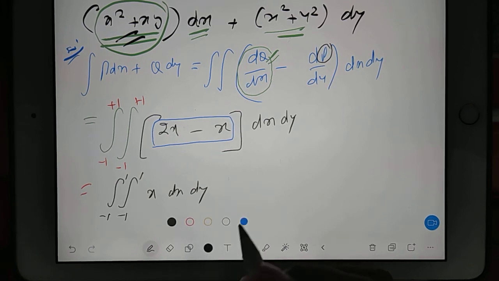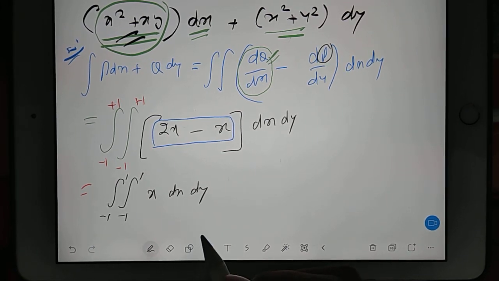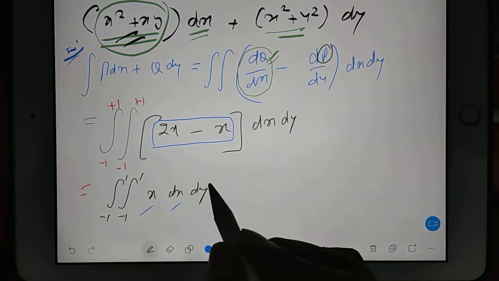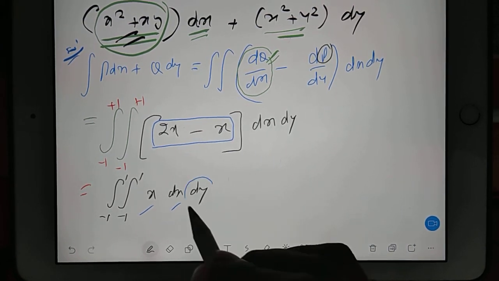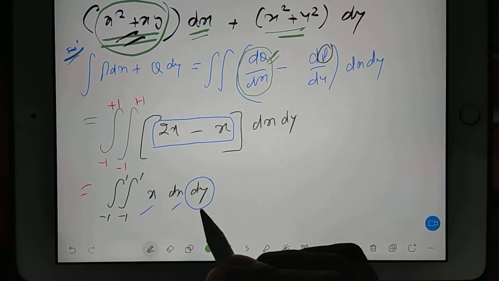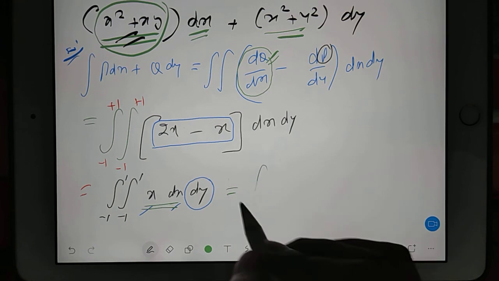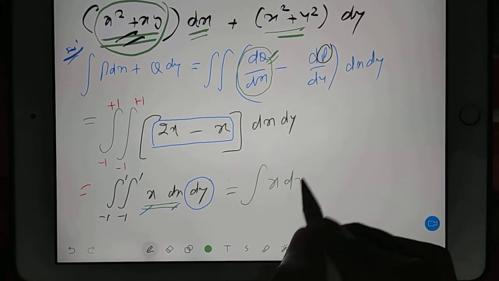Because x is already present here, it is better to integrate the y part first. Integrating y gives y, and the integral of x dx you leave as it is.